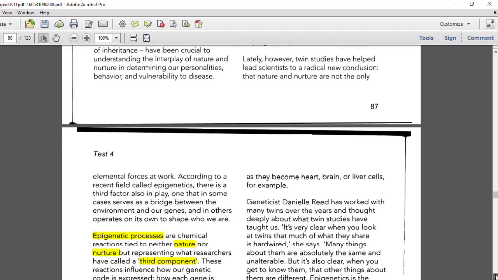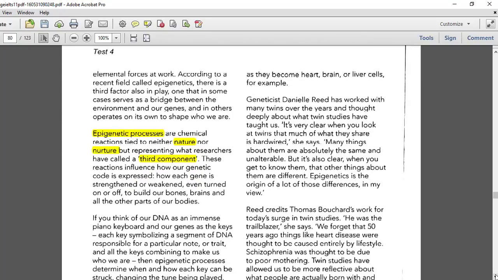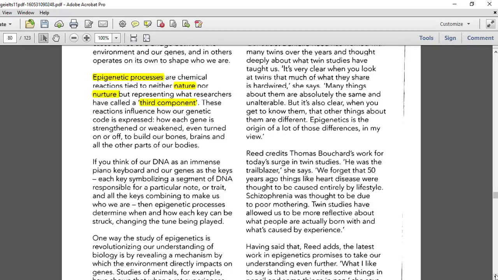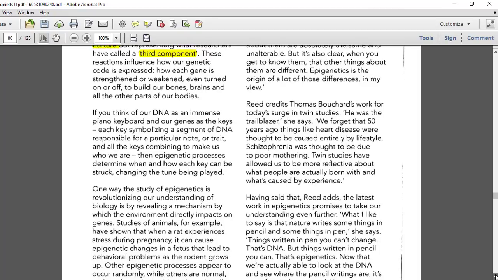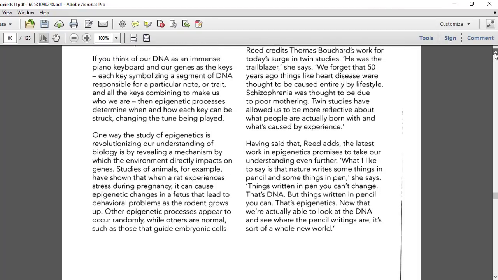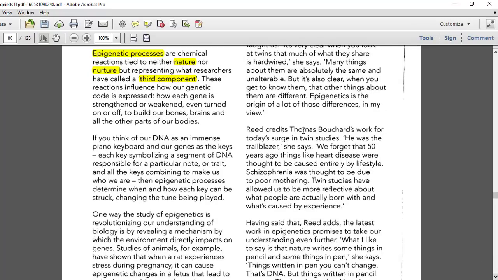Not here. Not so far. Not yet. Second column. Not here.